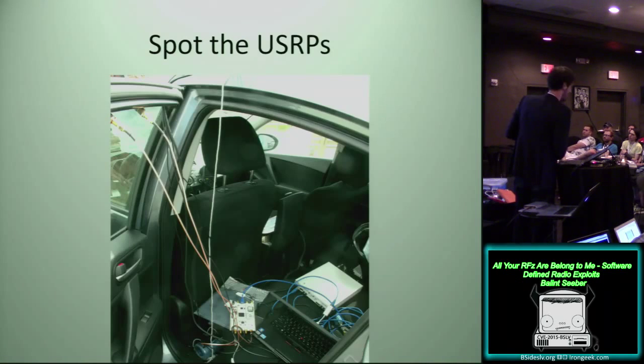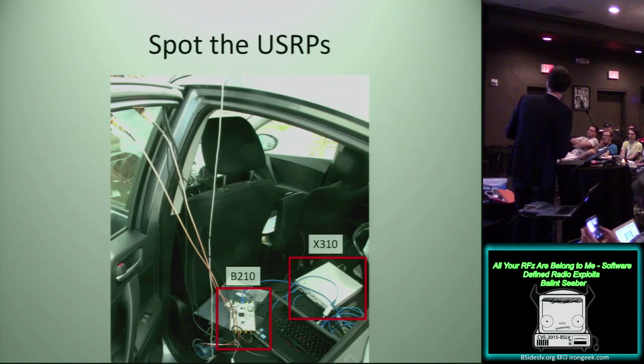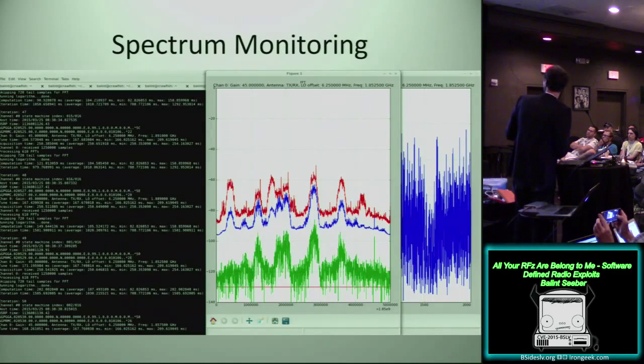Inside the car then, you've got the laptop, and in this instance I borrowed some hardware from my former employer, and there we have the BT100 and X300, just two different radios sampling at different frequencies. And you can, for example, write some Python code. Python code is great because it's easy to play with and modify quickly.